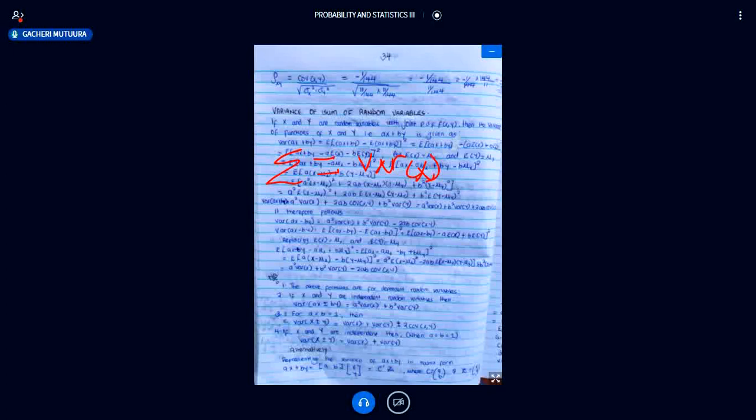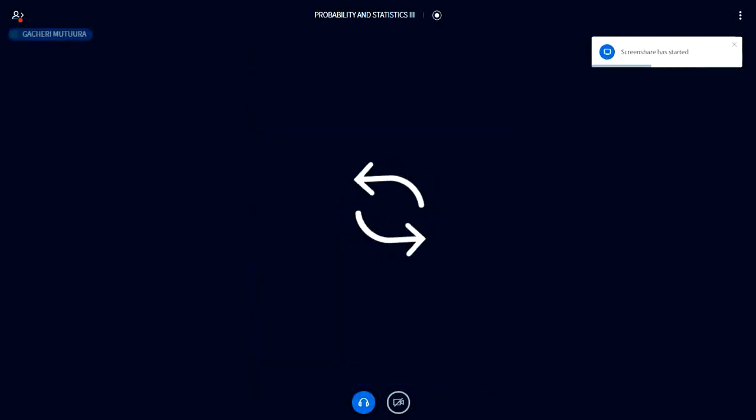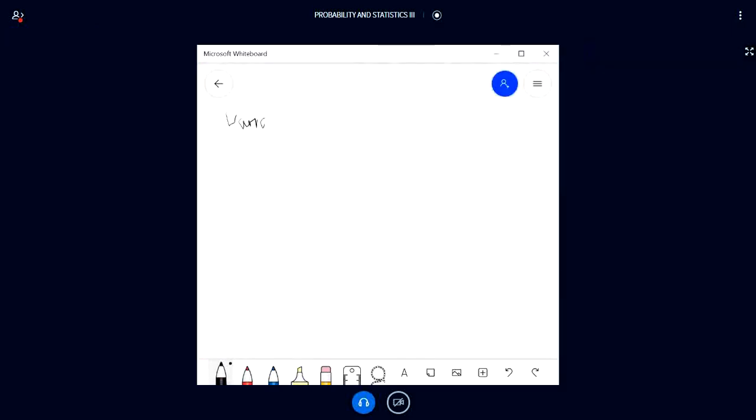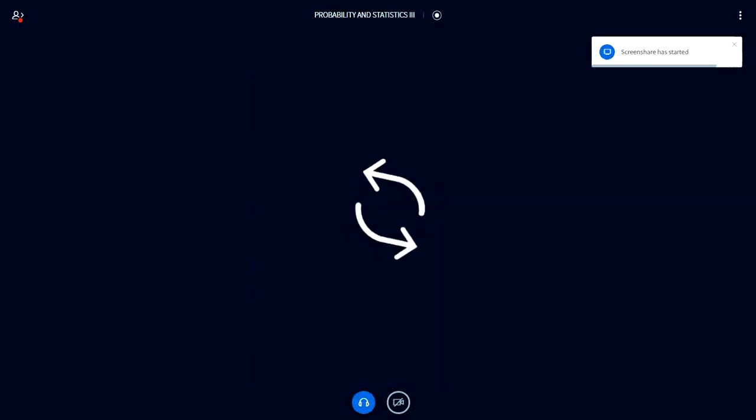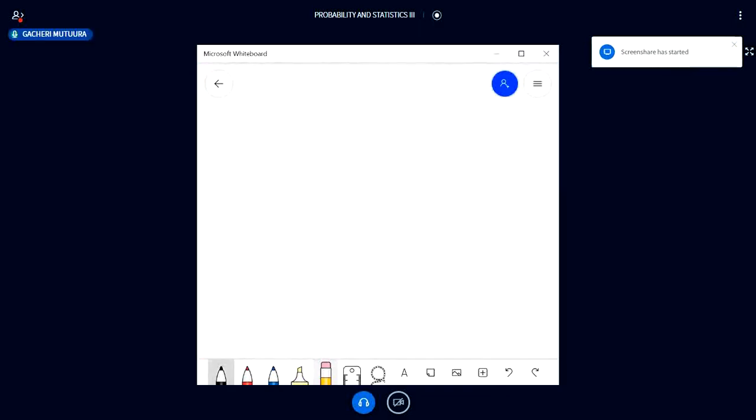Let me write it on the board, because up on a slide I'm unable to. The variance covariance matrix.